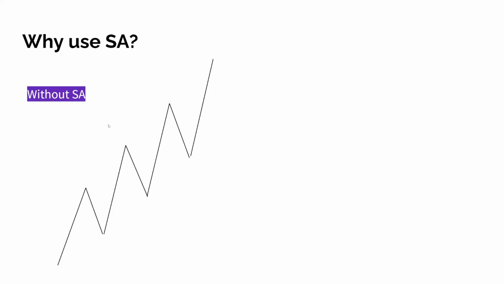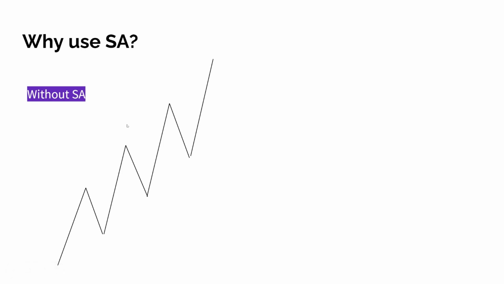Okay, so the main thing you need to know is what is the benefit of using SA. And let me just tell you, I did not understand this and did not use it for the first 8 years of my trading. And without using SA, this is what my equity curve looked like. It was wild and choppy, and the pullbacks in my equity curve were almost half of the upswings.